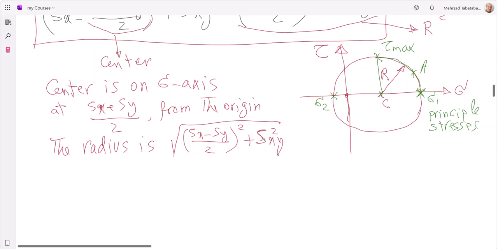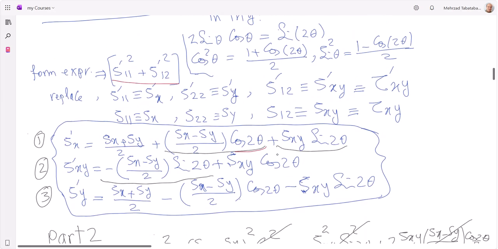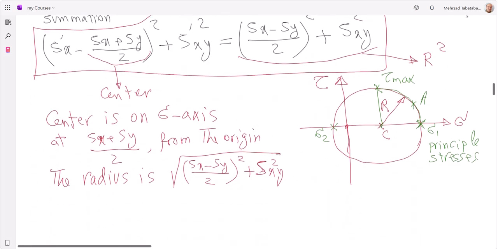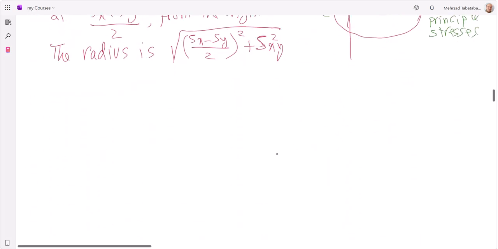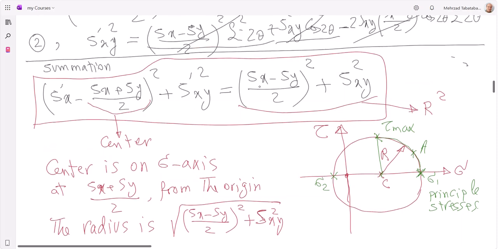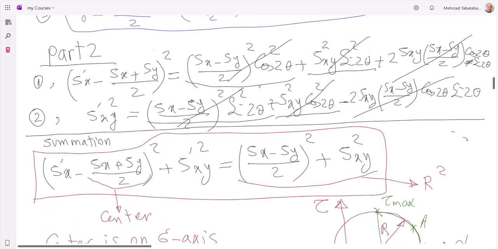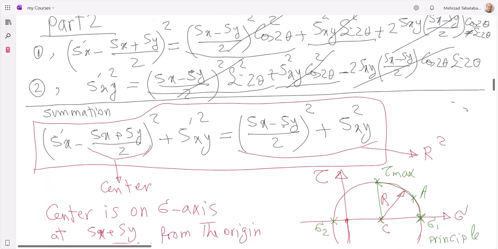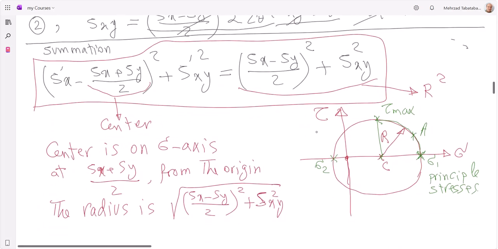But the main point that I want to bring here in part 2 is this connection to the mathematics and why we have a circle. Why do we have a Mohr circle? Why don't we have a Mohr ellipse? Because this equation, after it is written in theta, is exactly an equation of a circle with defined center and radius, as we discussed here.